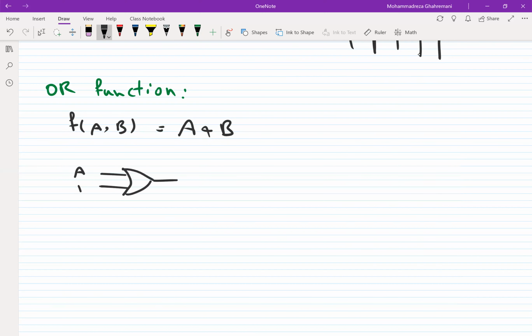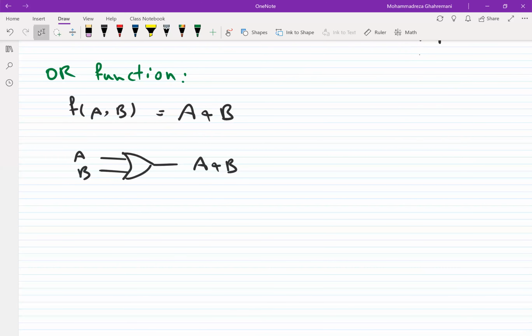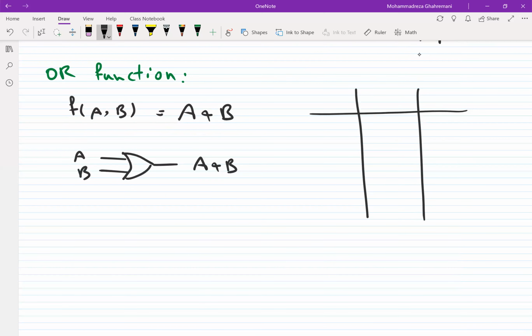We have input on the left and output on the right, and the truth table for OR function is here: A, B, A plus B, 0 0 0, 0 1 1, 1 0 1, 1 1 1.